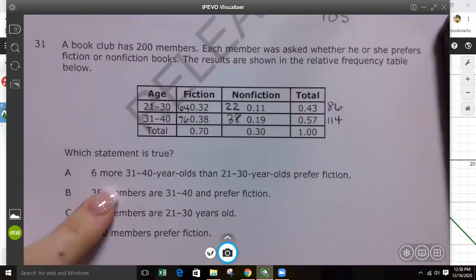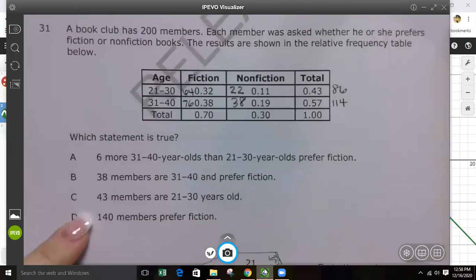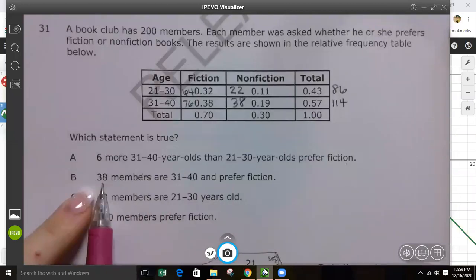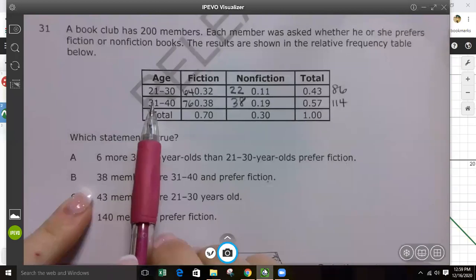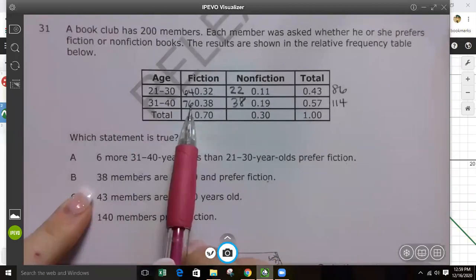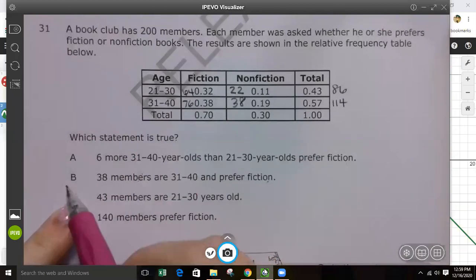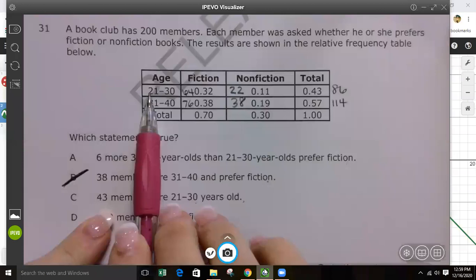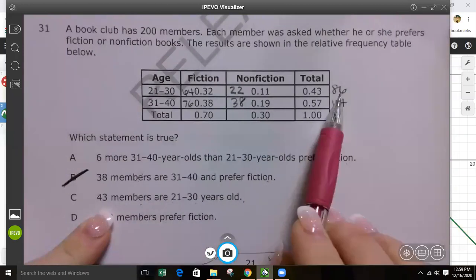All right, which statement is true? And I'm going to look at the ones that I don't have to do any work through first. So like this one, I'd have to do some work, okay? 38 members are 31 to 40 and prefer fiction. So 31 to 40 and fiction is actually 76. So we know that's not right. 43 members are 21 to 30. 21 to 30 had 86 people.